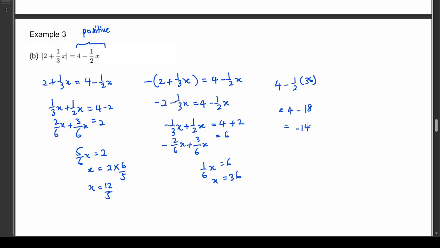So basically when you get negative, x equals 36 is not a possible answer. Why? Because when you modulus something, you must always get a positive number. So when I sub in 36 here, I actually get a negative number, right? Which means x cannot be 36. Okay, this one is not possible.